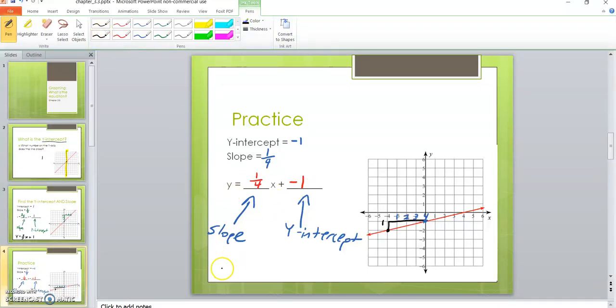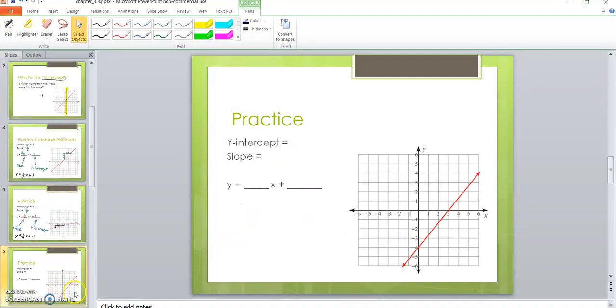If I put it all together, it's y equals 1 over 4 x plus minus 1. Let's go on again. Another practice.